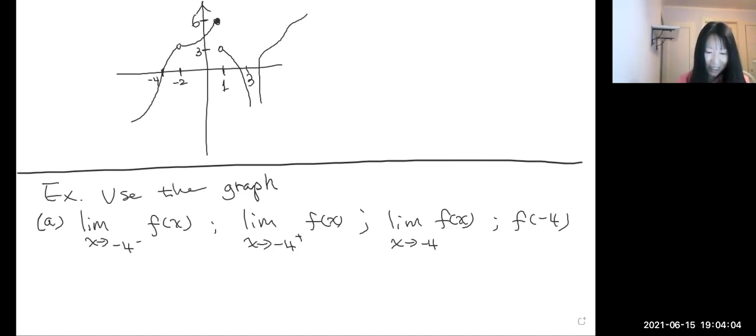All right, so let us take a look. X approach to -4 from the left. What do you get? 0. Excellent. We do X approaching -4 from the right. Negative infinity.